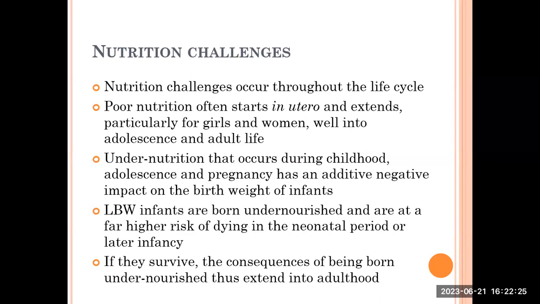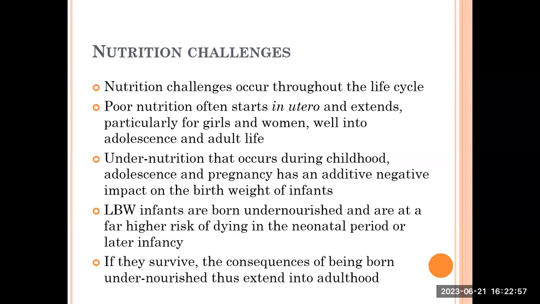Now, undernutrition, which we have always classified as not having enough nutrients or enough food, for that matter, you can consider it as food or nutrients or whatever you want, but good nutrition is not just about food. So undernutrition that occurs during childhood, adolescence, and pregnancy has an additive negative impact on the birth weight of infants.